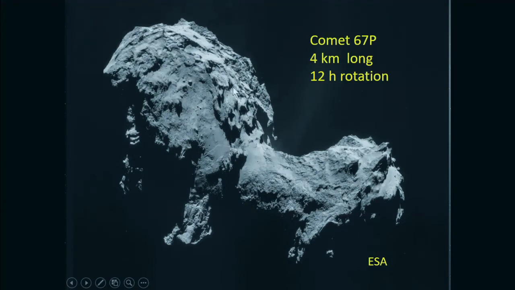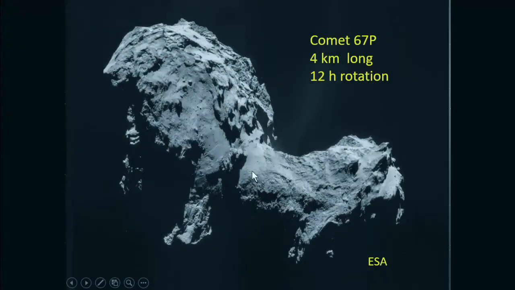Okay, for comparison, Comet 67P is 4 kilometers long with about a 12-hour rotation. Now, notice that it's sort of like a duck, and actually they've shown that it's made of 2 asteroids that gently nudged together over the eons in the outer area, and then slowly, I don't quite know what process, but they're together.